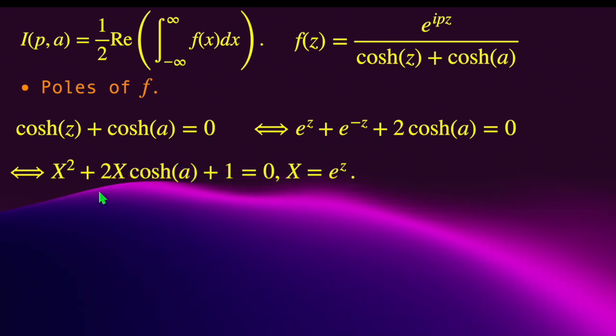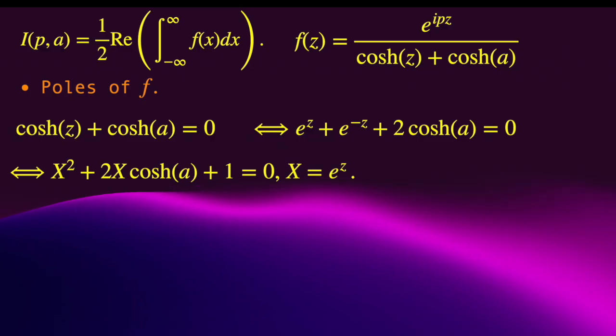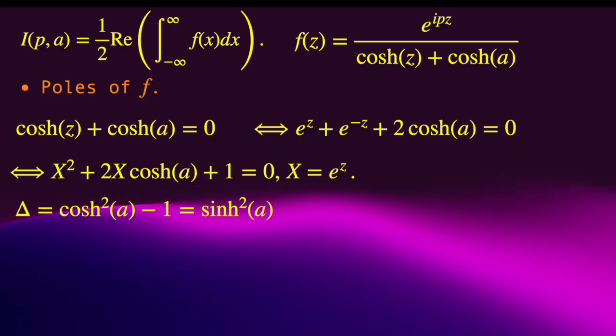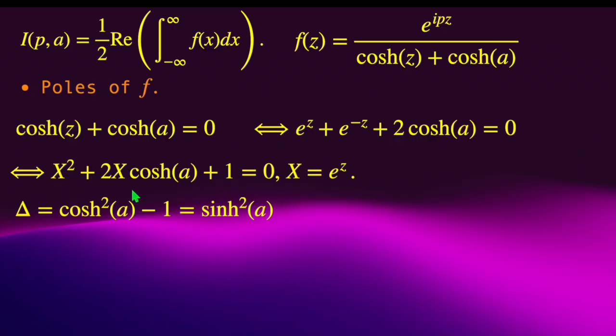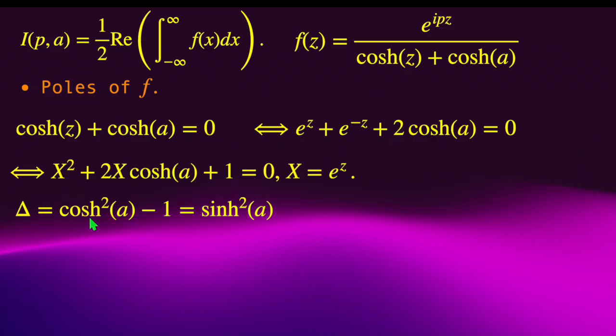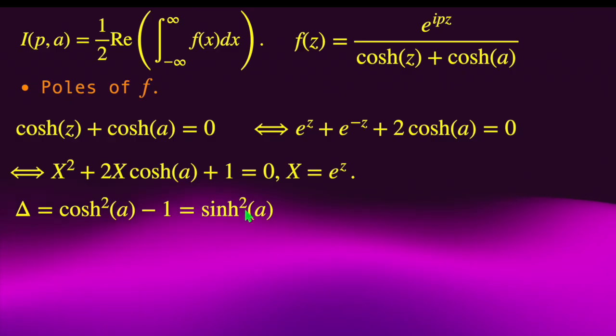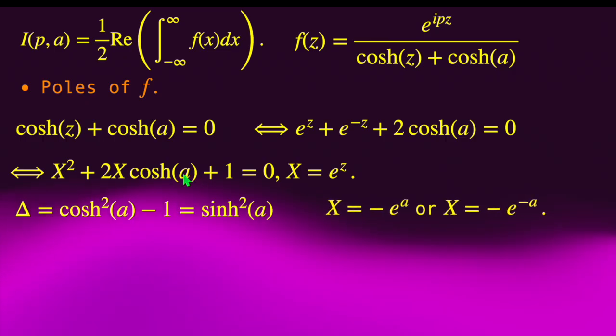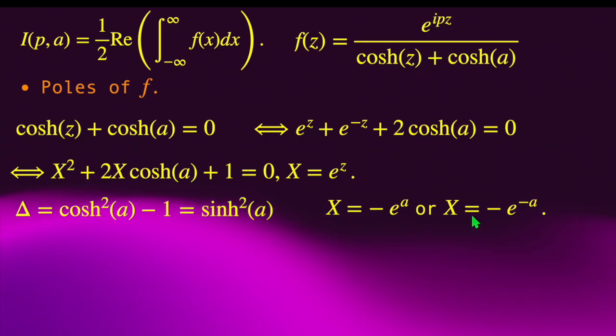It's an easy one. So we compute its discriminant, and we use the useful formula cosh squared minus sinh squared is equal to 1, and we get the solutions of this equation: X equals minus e to the a, or X equals minus e to the minus a.